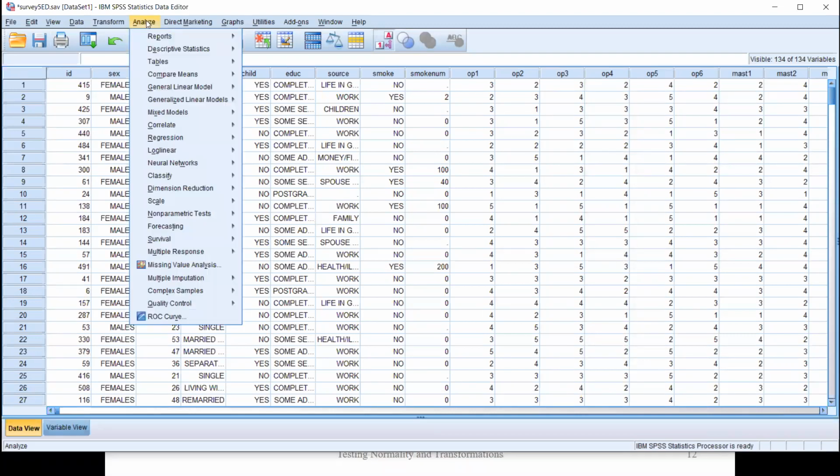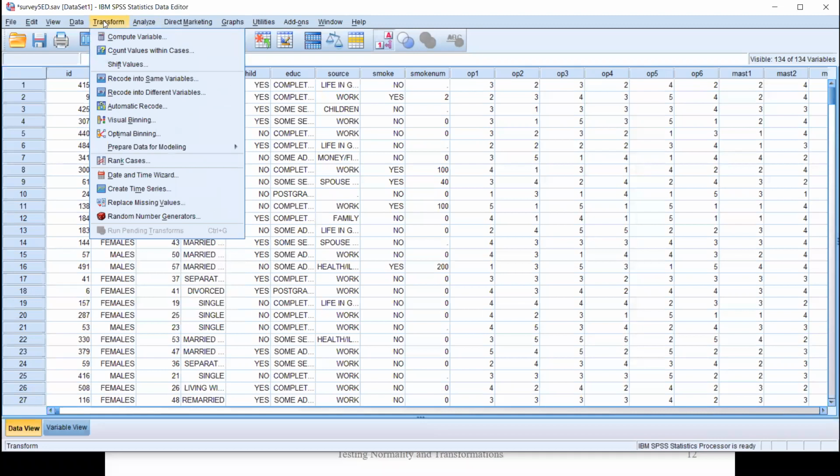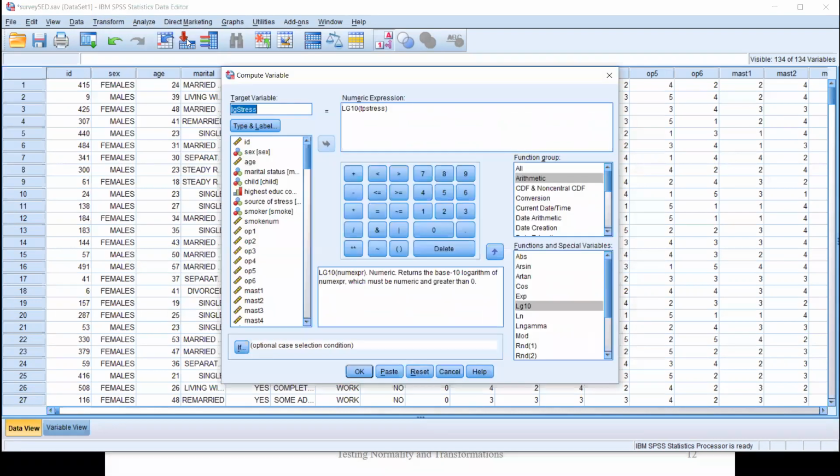In the Transform menu, the first option is Compute Variable, one of the important options to generate new variables. Just click Compute Variable. The new variable will be what?